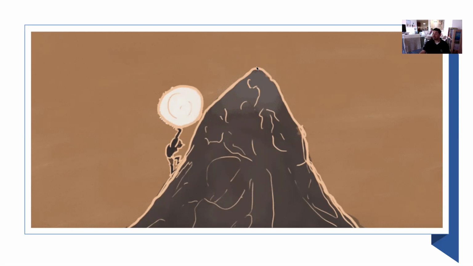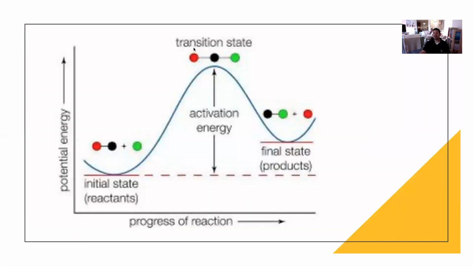Now, at the top of the hill, we call that the transition state. All right, so kind of like the collision theory, we have these reactants. When they come together after they've received the activation energy, they have this temporary transition state where they're all kind of connected, and then they separate apart, right?